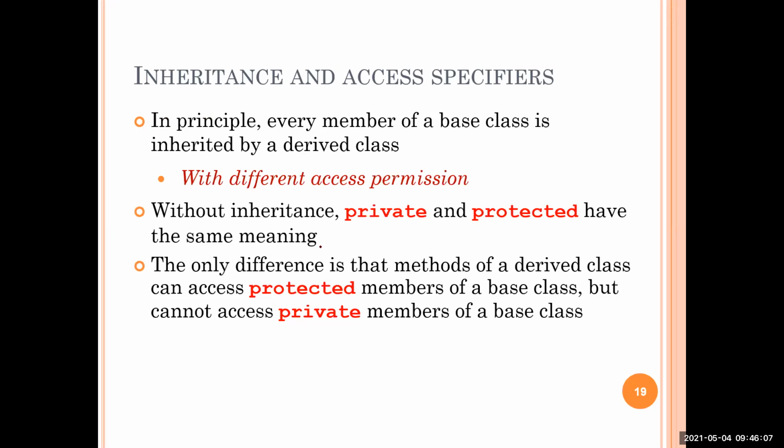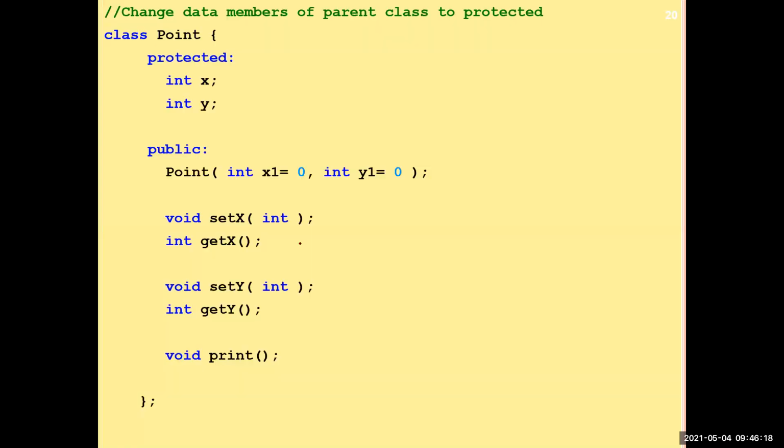As I told you, without inheritance, private and protected have exactly the same meaning. This is the reason we never talked about protected in the first 10 weeks, because we were not doing inheritance. Now in the parent class, you will be using the keyword protected. Since you are very much tuned to write private, in the beginning it will be difficult to shift to protected when attempting a question or an assignment.